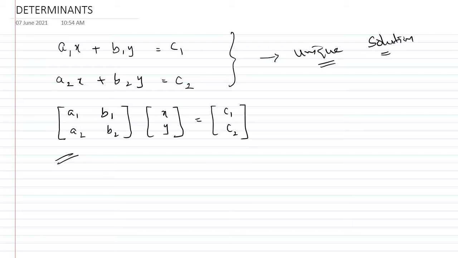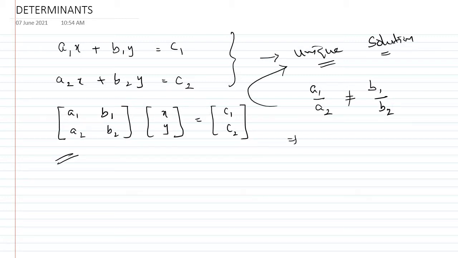Right, very good. So what condition would be satisfied? When a1 by a2 is not equal to b1 by b2, then the pair of linear equations has a unique solution.